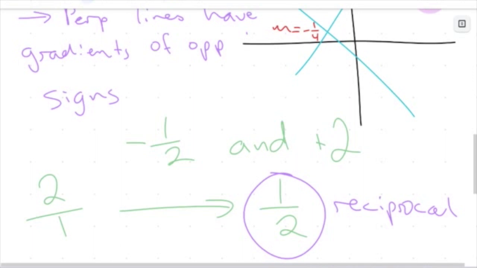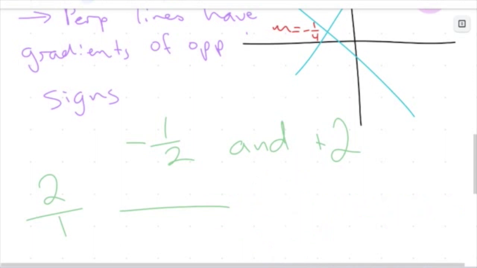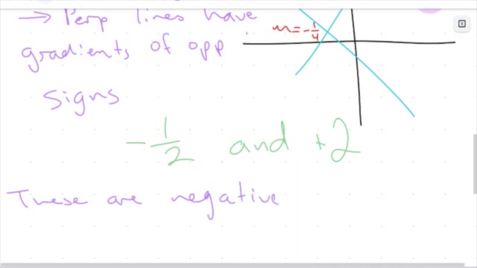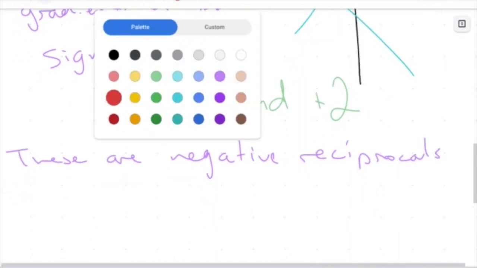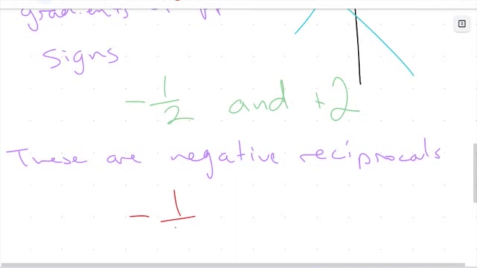Now, negative a half and 2, these are negative reciprocals. And the same goes for negative a quarter and positive 4.